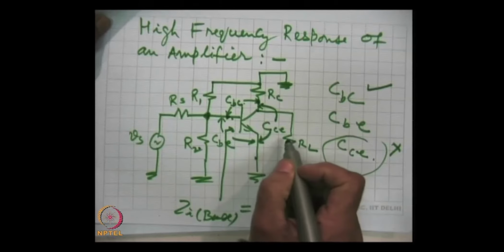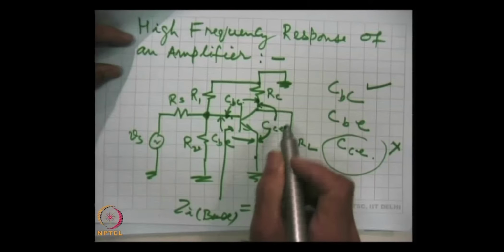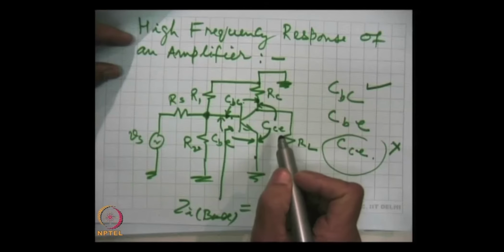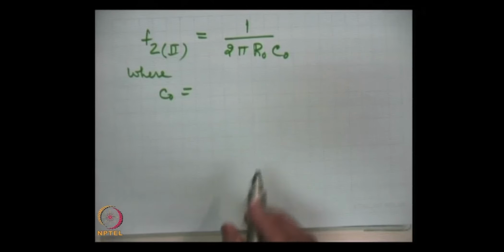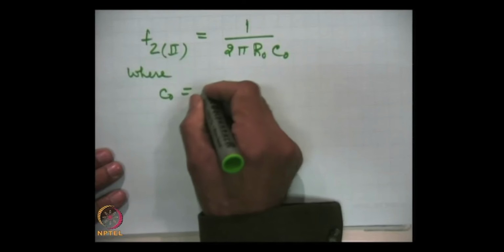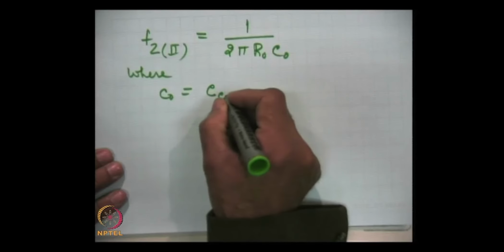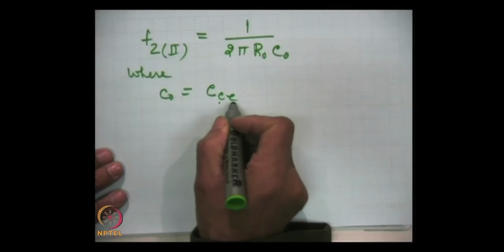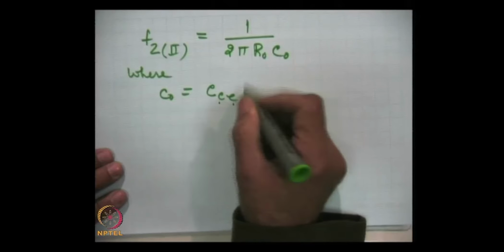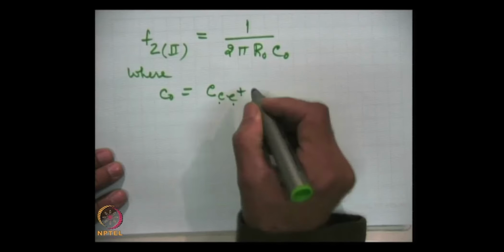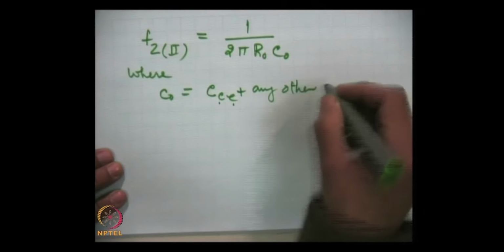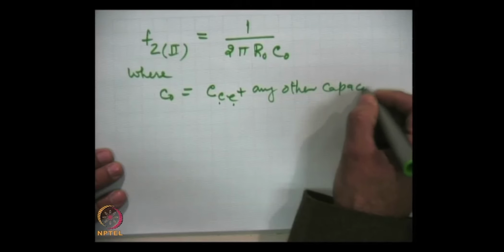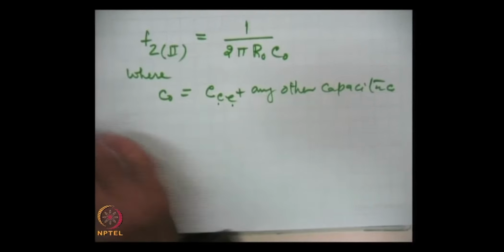Now, this will include C_CE, between collector and emitter, and any other capacitance.